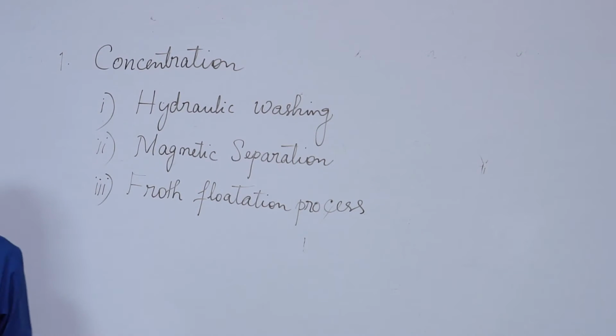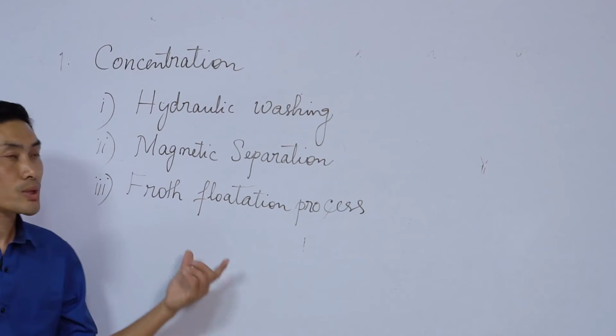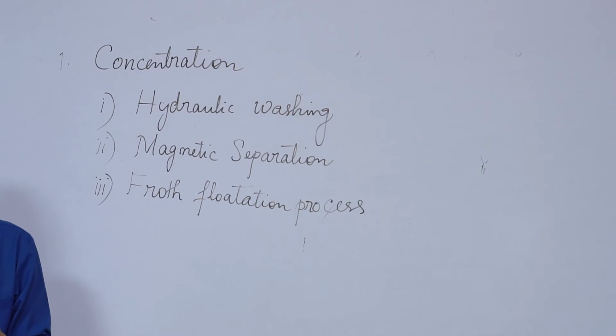And it is based on the principle that sulfide ores are wetted by oil, but they are not wetted by water, whereas the impurities are wetted by water, but not wetted by oil. In other words, the sulfide ores mix with oil, whereas the impurities do not mix with oil.